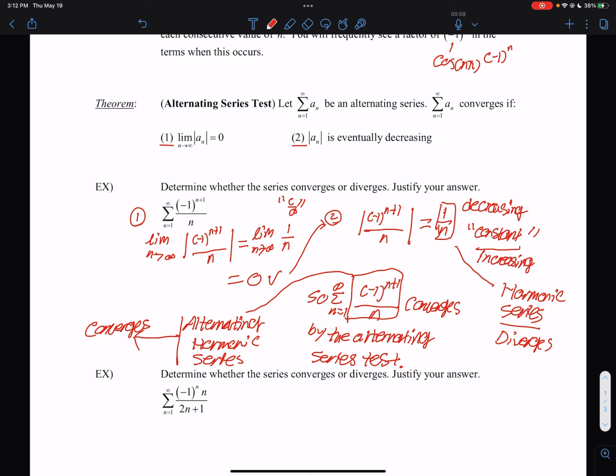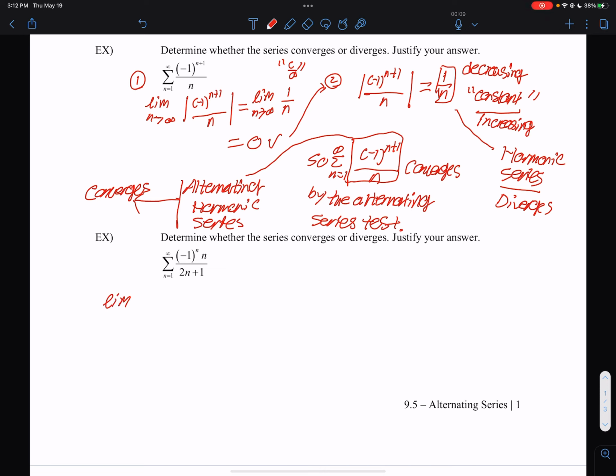Let's take a look at the second example. Take the limit as n goes to infinity of the absolute value of negative 1 to the n times n divided by 2n plus 1. This will lead to the limit as n goes to infinity of n over 2n plus 1.